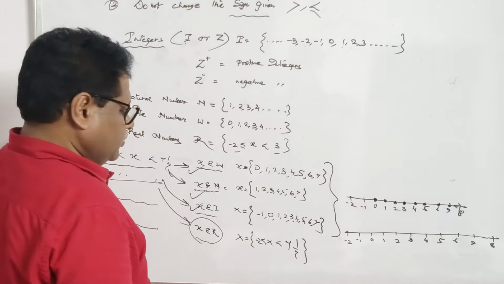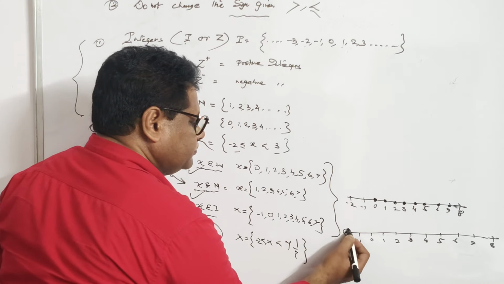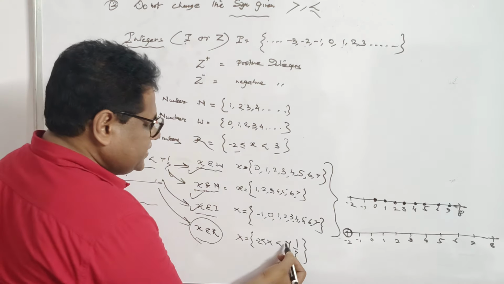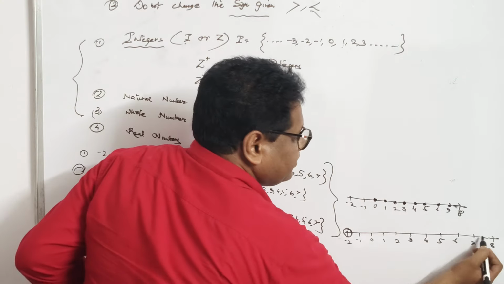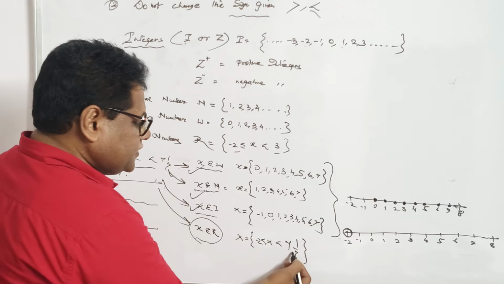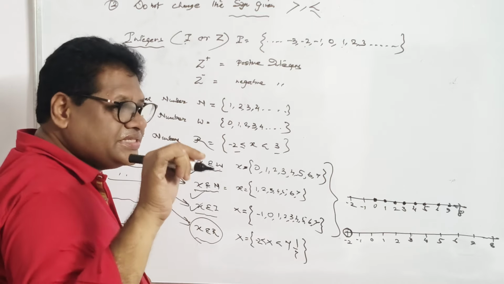Now, x is greater than minus 2, put a ring over here, and x is less than 7 by 7. Now, between 7 and 8, you have to show 7 parts, whatever the denominator says. And for that, the markings you are going to make will be 1 less than that.